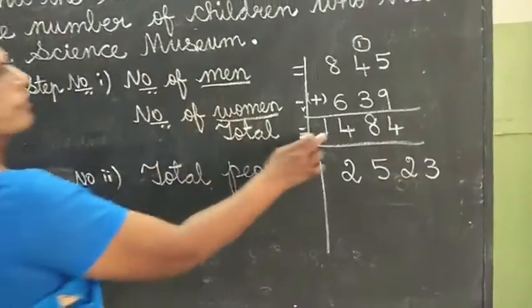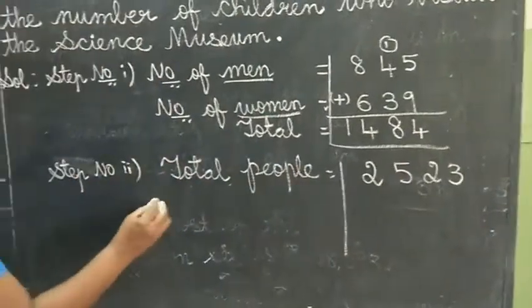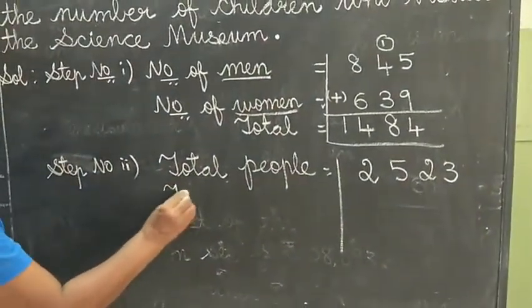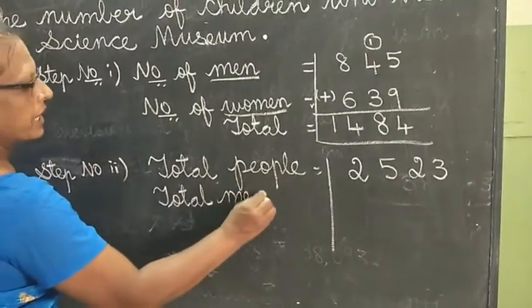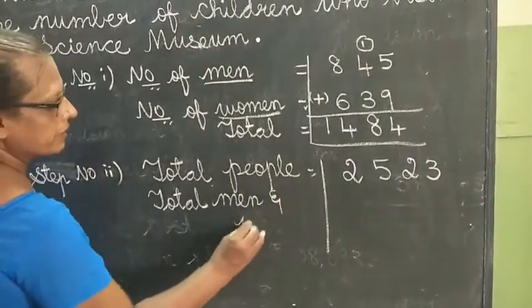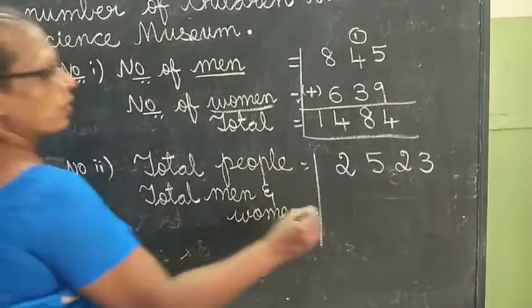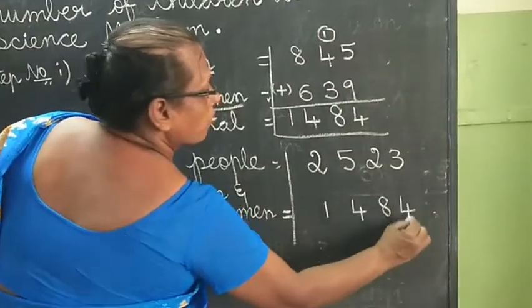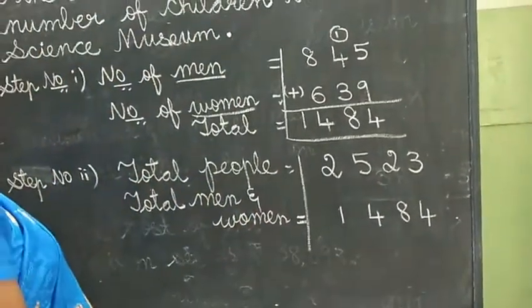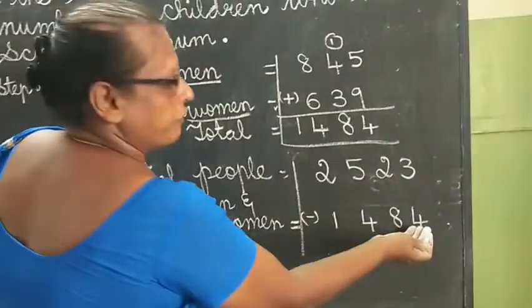So total men and women, how many, children? 1484. So what you have to do, children? We have to add or subtract? We have to subtract. So from 4 you can't subtract.